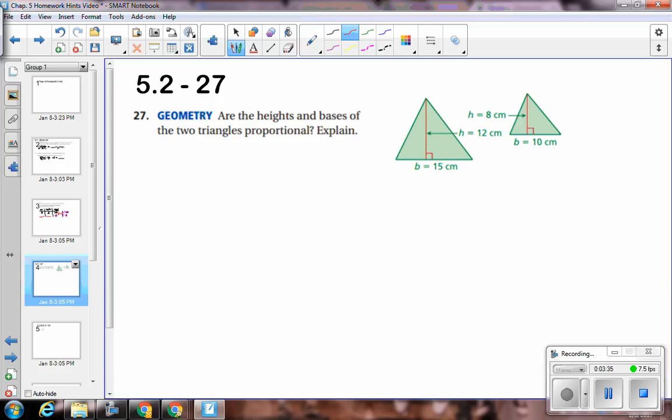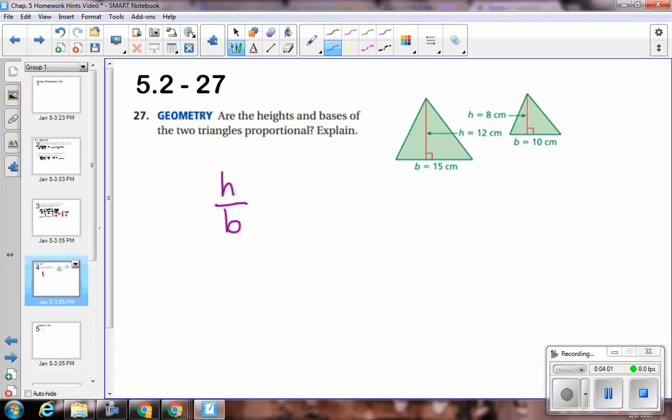Okay, in 5.2, when we're deciding if things are proportional, one thing you can use that for is when triangles are similar shapes. So if we do a ratio of the bases and the height, are the heights and the bases proportional? We're going to compare the heights and the bases of each of the triangles.